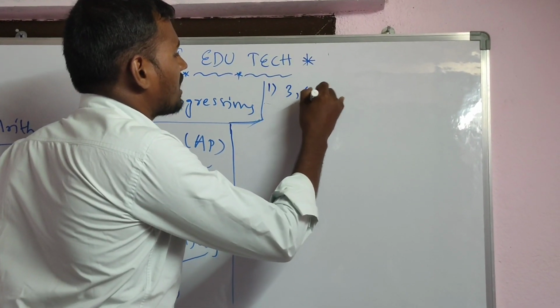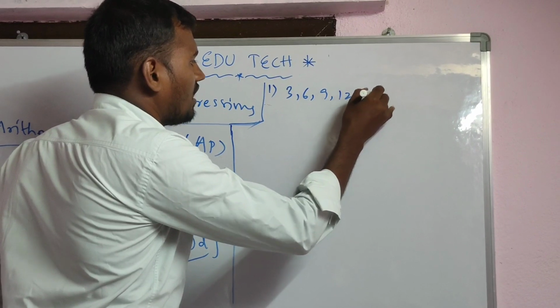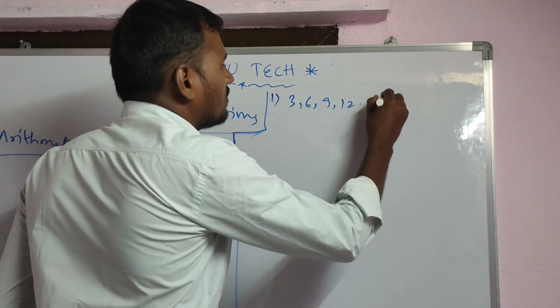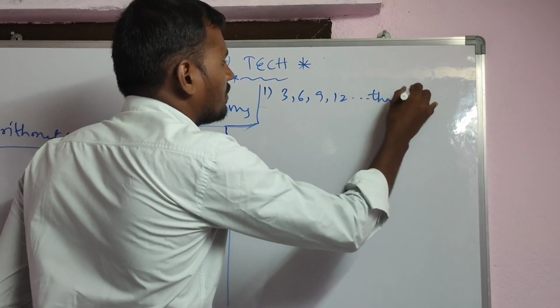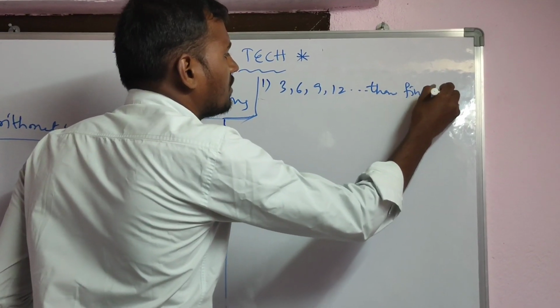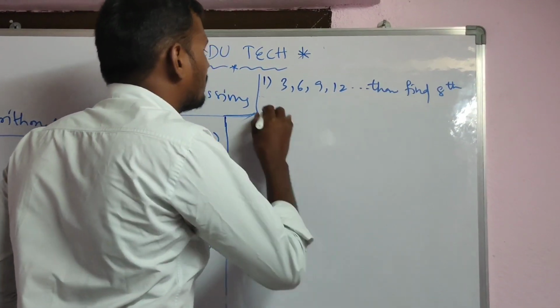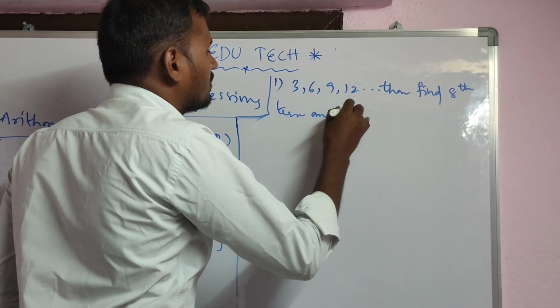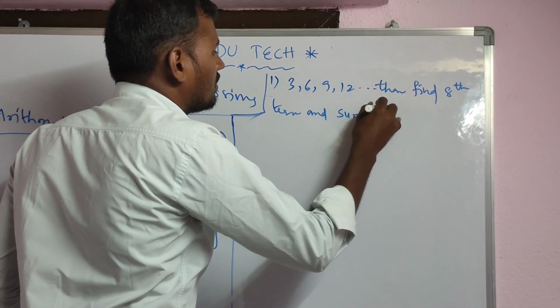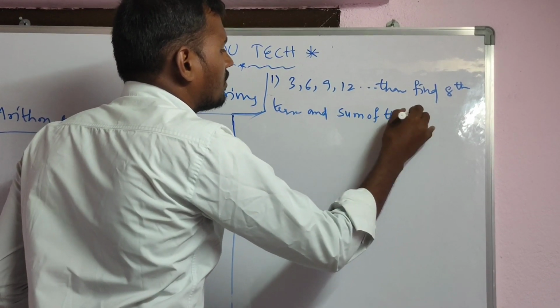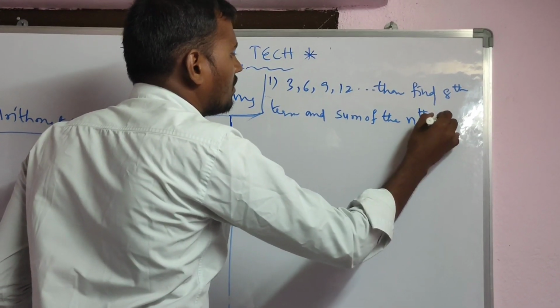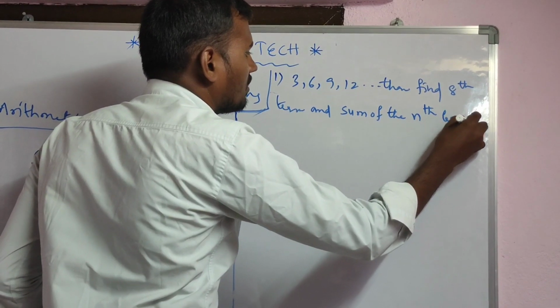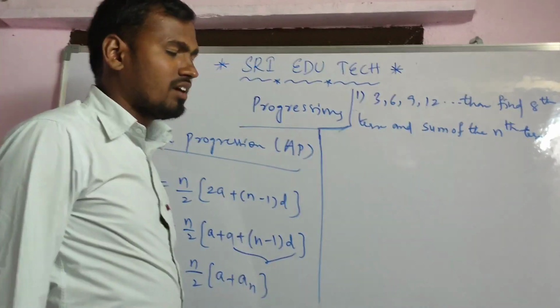3, 6, 9, 12 lie in an AP. Then find the eighth term and the sum of the nth terms.